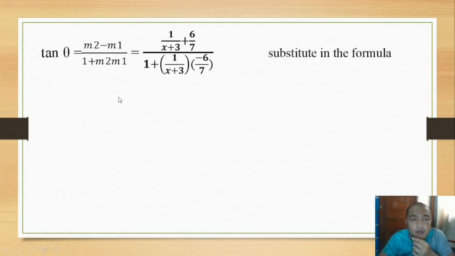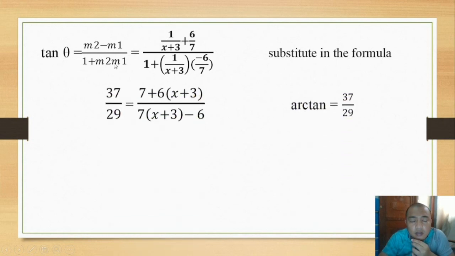Substitute now in the formula for tangent theta. 1 over x plus 3 minus negative 6 over 7 becomes plus. Then, in the given, tangent of arctan is 37 over 29. So here, 37 over 29, and then add 1 over x plus 3 and 6 over 7.